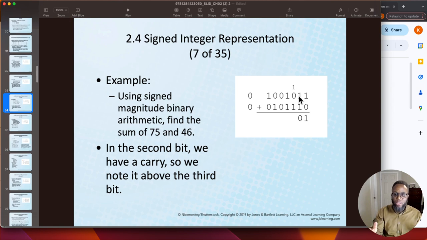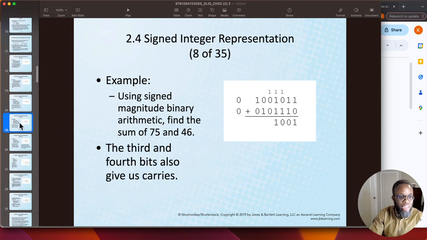Obviously, this is signed data. If the mathematics resulted in a carry over into the sign bit, that becomes what they call an overflow. We're going to be talking about that, and that becomes a problematic situation in computer systems.